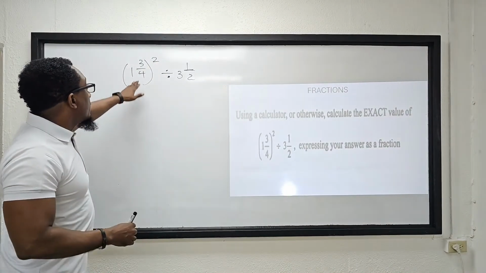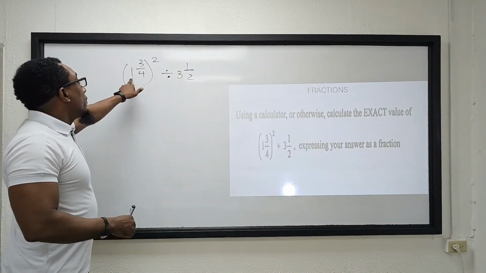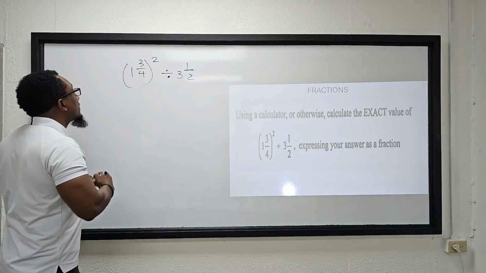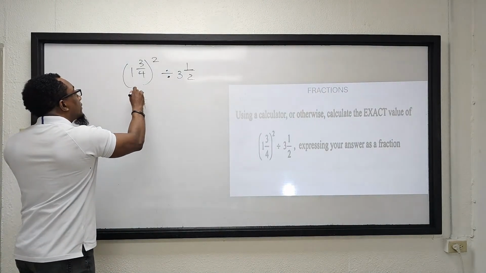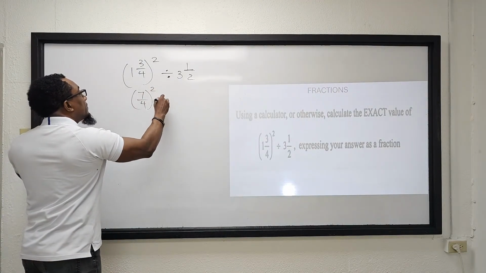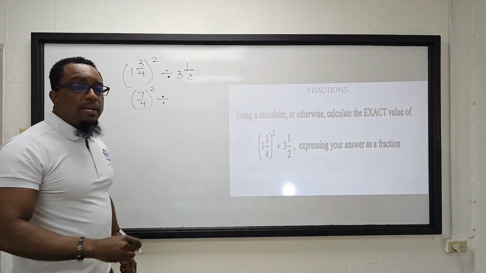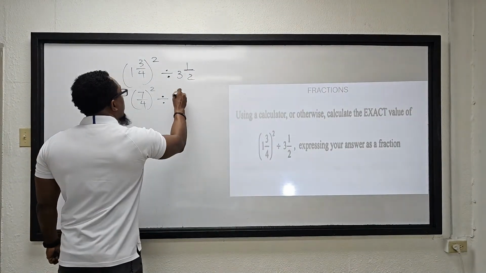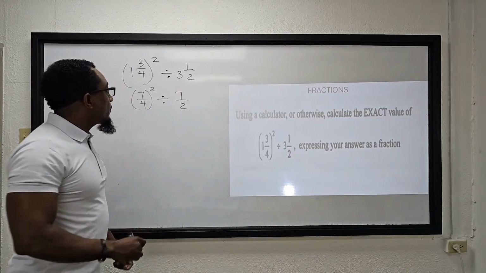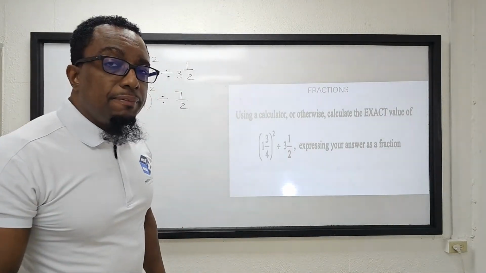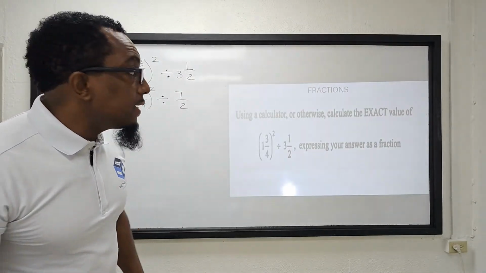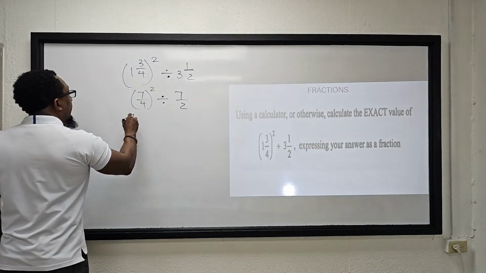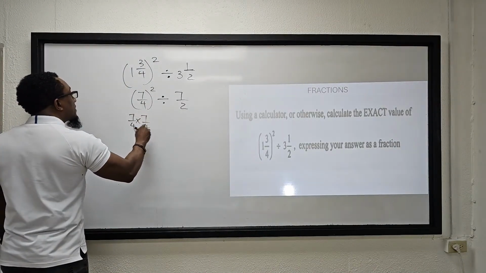So I'm seeing a mixed number here. 4 by 1 is 4 plus 3 will give me 7/4 in brackets squared divided by 3.5. So 3 by 2 is 6 plus 1 will give me 7/2. But 7/4 squared is the same as 7/4 times 7/4.